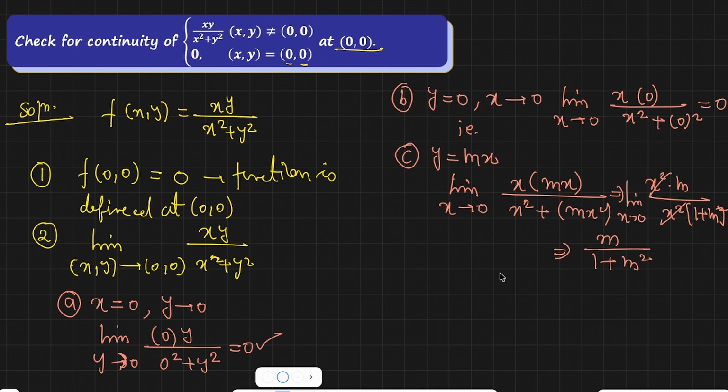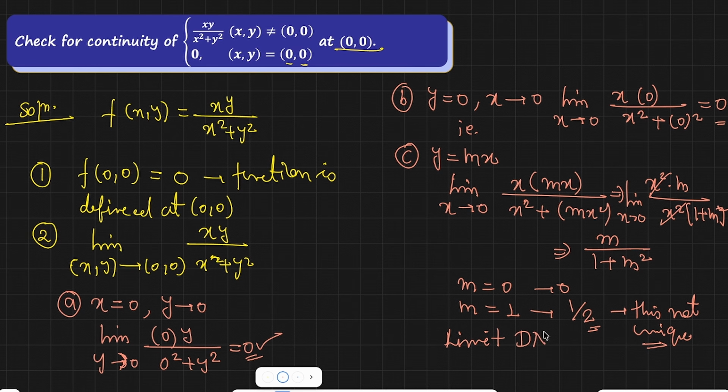Because of that, it is depending on m. If I choose m equals 0, it is 0. If I choose m equals 1, it is 1 by 2. Now you see, if I choose m equals 1, this is 0, this is 1 by 2. It means this is not unique.